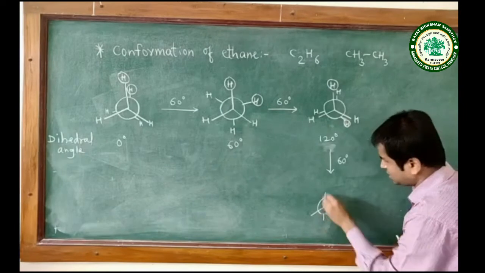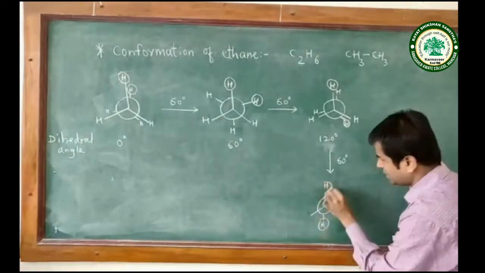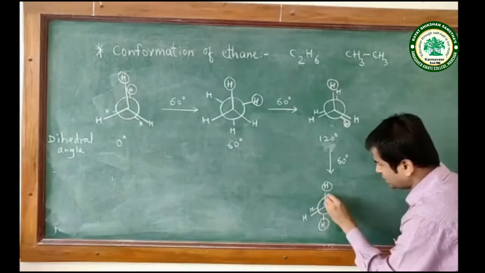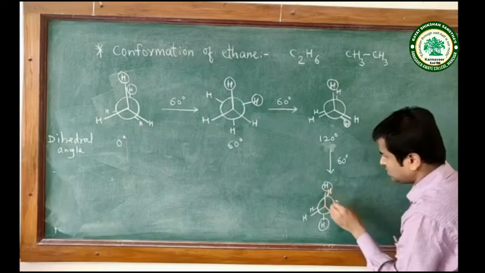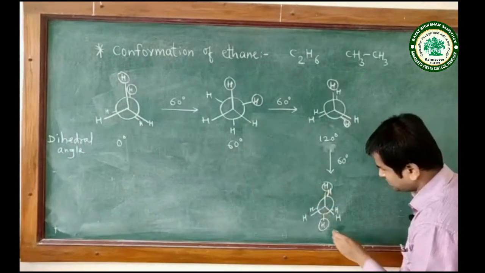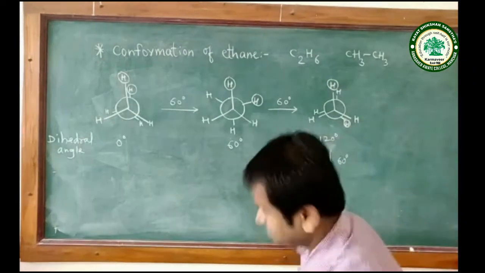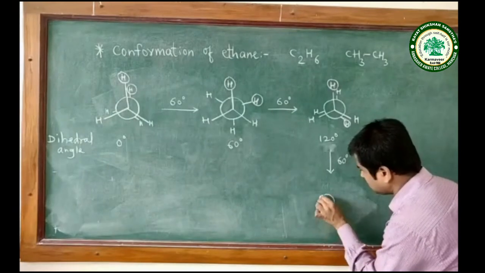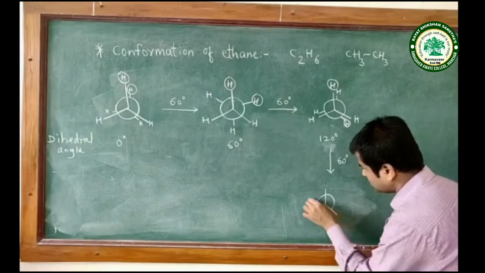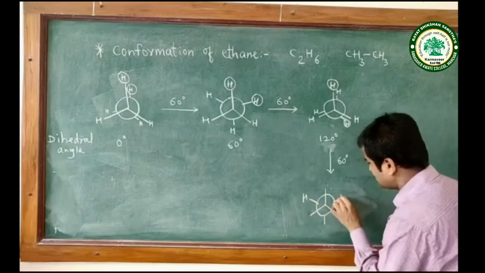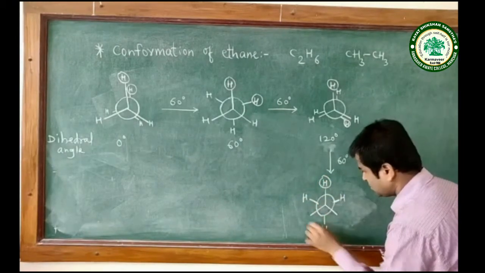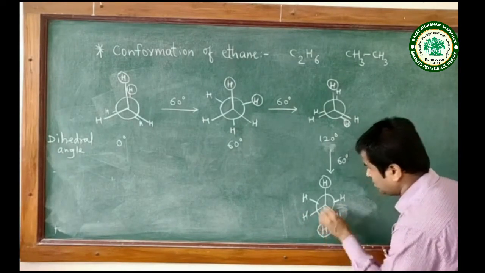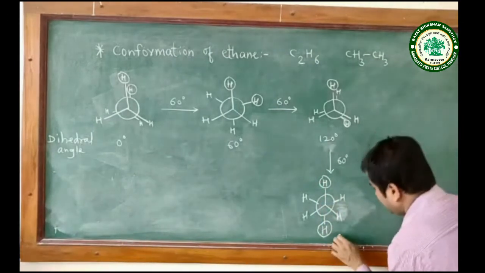So the structure obtained is like this, where the dihedral angle between these two hydrogens is 180.